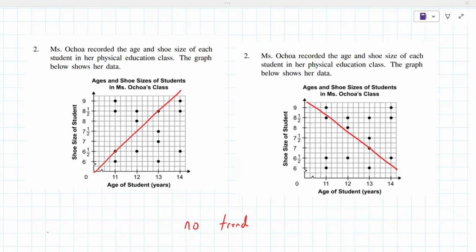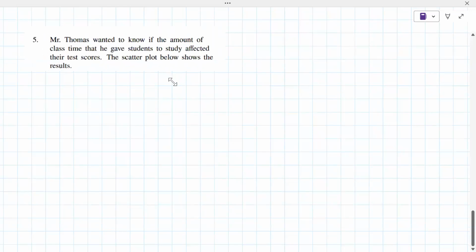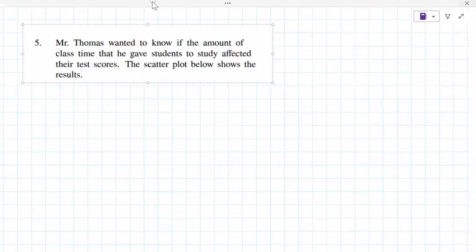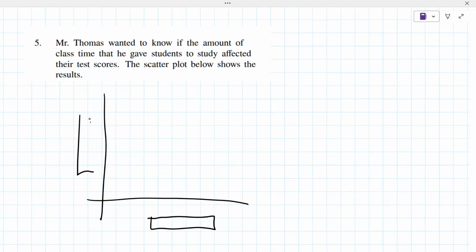So here is a new question for you to think about. I want you to read this and make a graph where you label each axis, the x-axis and the y-axis here, and then put some data to show what you think is going on.